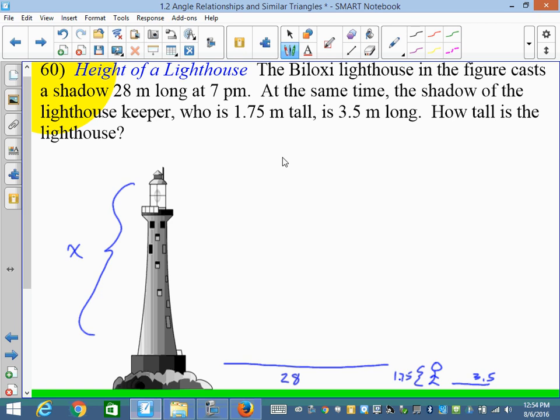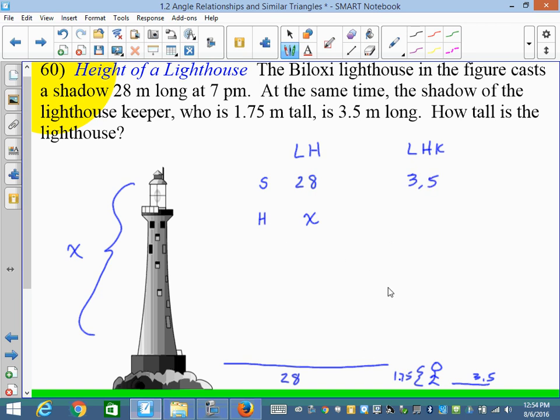So an easy way to do this one is to label things. I have a lighthouse, and I have a lighthouse keeper. I have a shadow, and I have a height. The lighthouse's shadow is 28 meters long. His height, we don't know. The lighthouse keeper's shadow is 3.5.